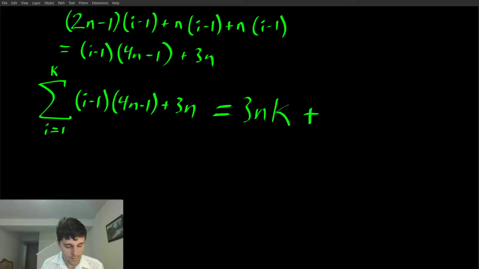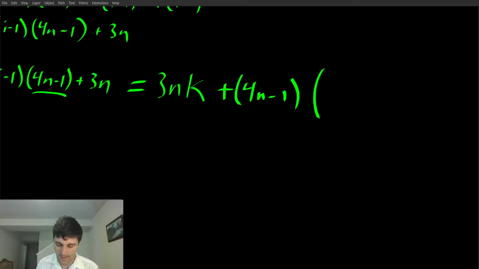Now, how do I do the i minus 1 here? Well, I need 4n minus 1 times, and I can pull that one out because, again, it doesn't depend on that sum term, times this sum, i equals 1 to k of i minus 1.